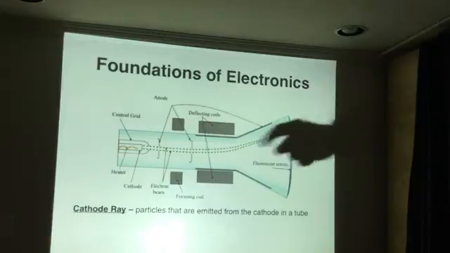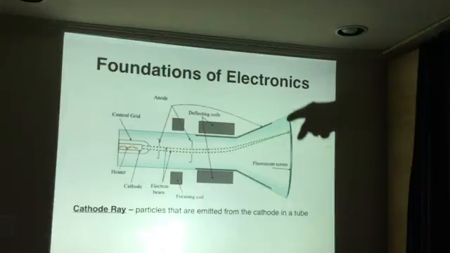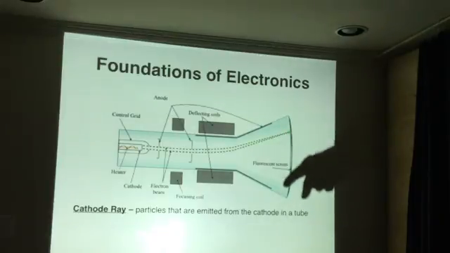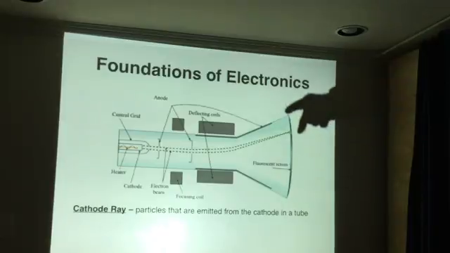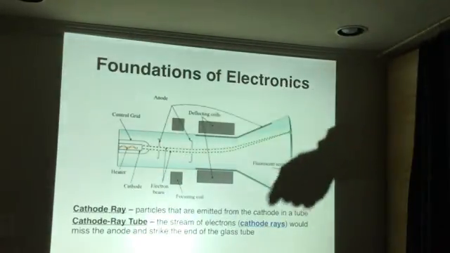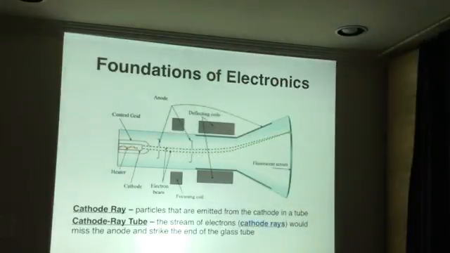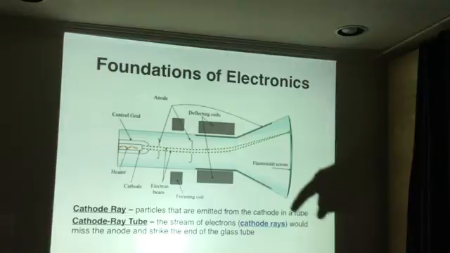Now, I showed you that magnetic fields and various other things can cause deflection of these, but instead of hitting an anode, they hit the end of a glass tube, and that's what distinguishes a cathode ray tube. The stream of electrons coming off a cathode are called cathode rays, and instead of hitting an anode, they hit the end of a glass tube.